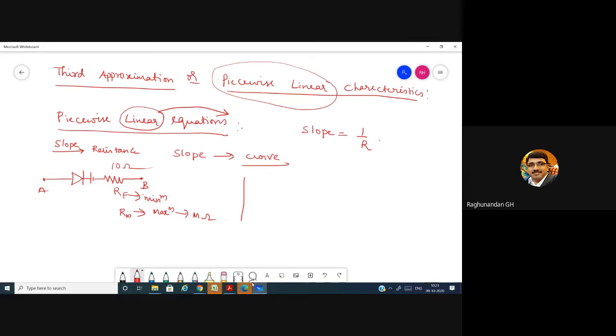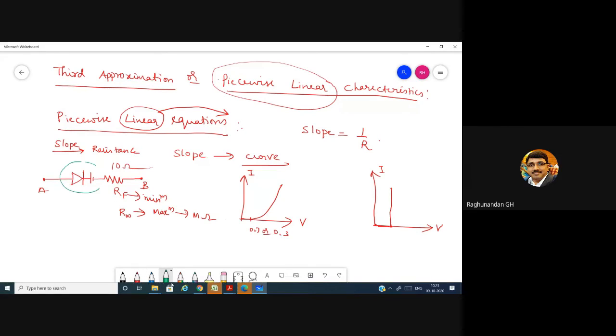Then again, they started analyzing with the VI characteristics, this is the practical characteristics, which starts with 0.7 or 0.3. They started comparing it with the VI characteristics of this one. Already we had obtained the curve like this.